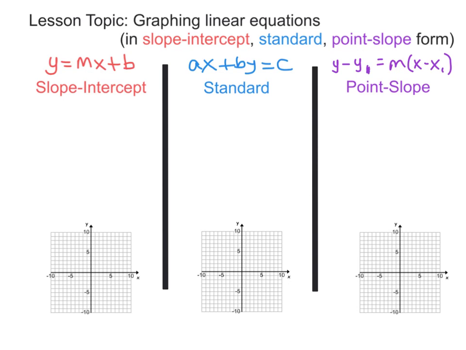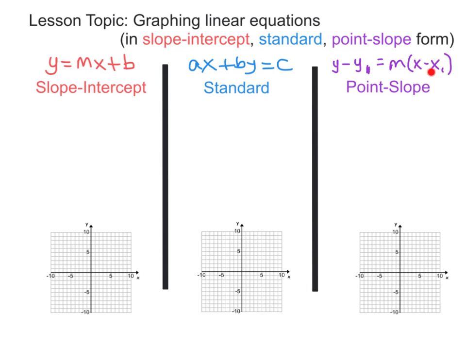M still stands for slope, just like it did here. And then the x and the y that don't have the subscript 1, so not these, but these two here, those again are the same x and y from our other two equations that represent all points that exist on that line.